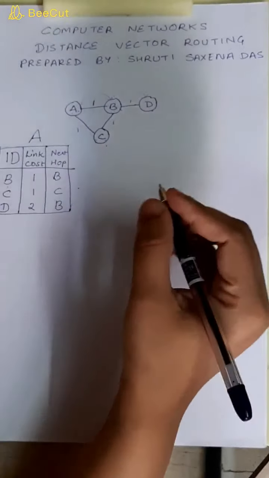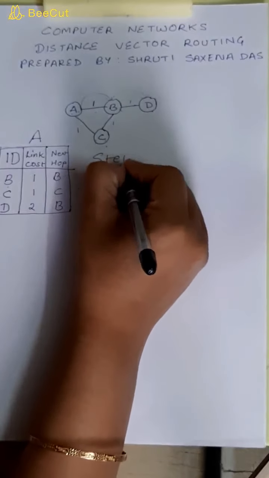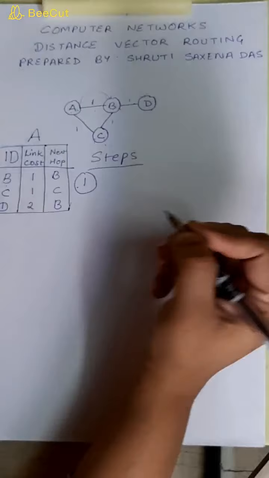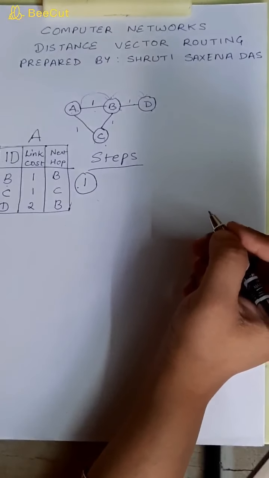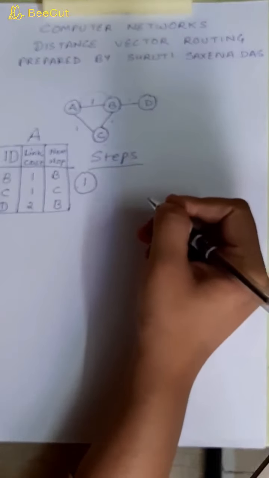Now we'll see the steps of the algorithm. The first step in distance vector routing is that each node knows the distance or cost to its adjacent nodes. Like in this case A knows how much cost is needed to reach its adjacent nodes.